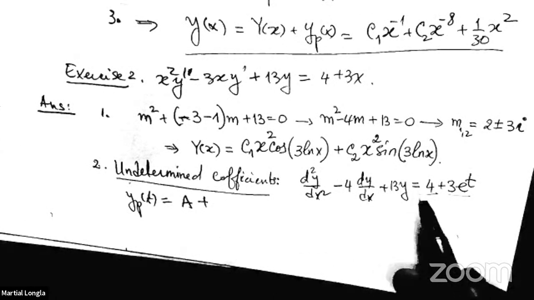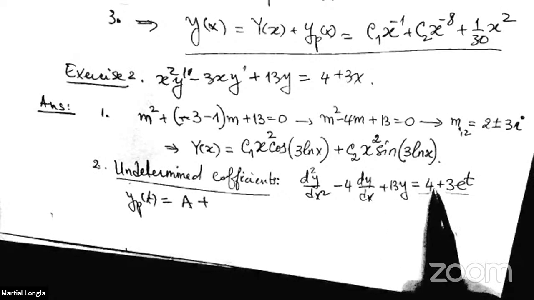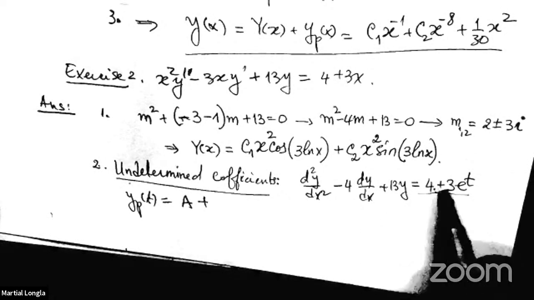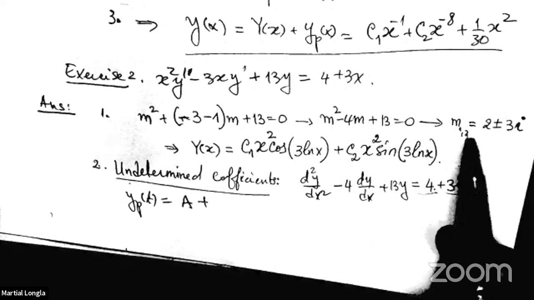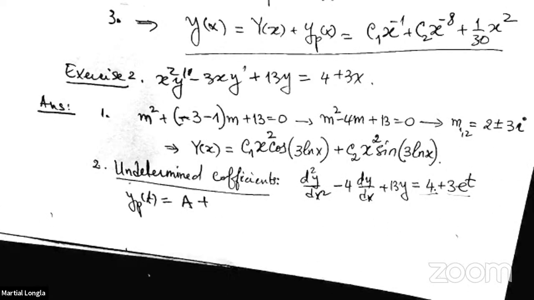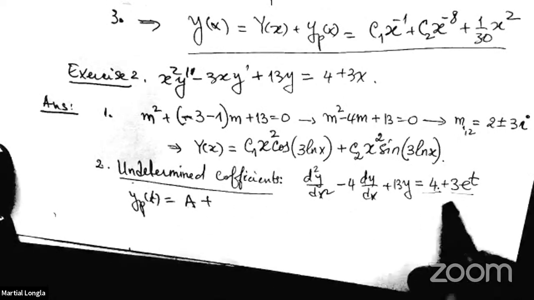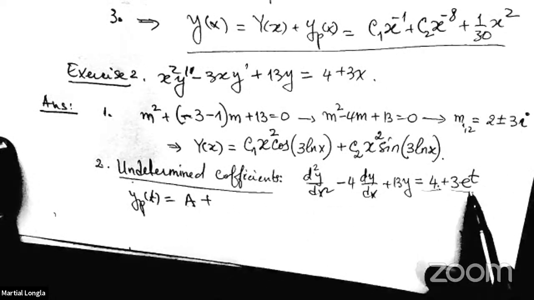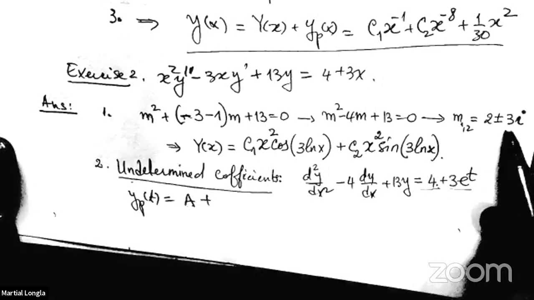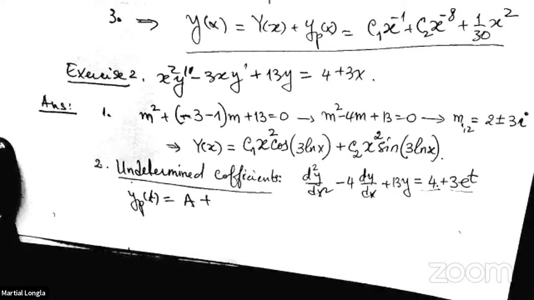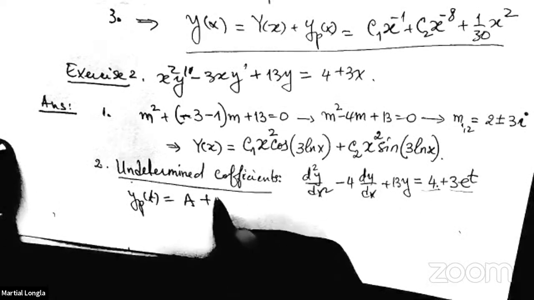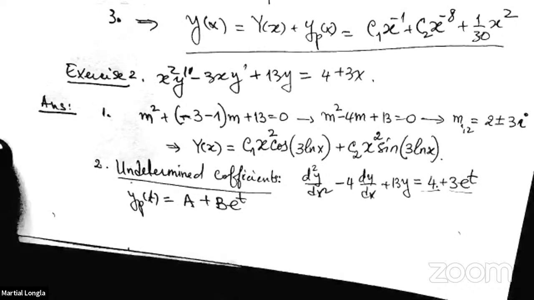No problem, because e to the 0 is here, and 0 is not a solution of the Euler equation, so we don't have a problem. We just look for a. Plus 3e to the t, 3 is also not a solution of the Euler equation, therefore we don't need to multiply by an extra t. It's just going to be b e to the t. So this is all I'm looking for. Look how beautiful it is.